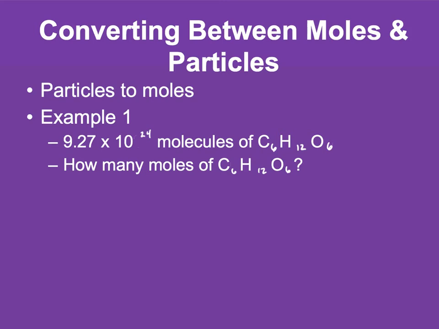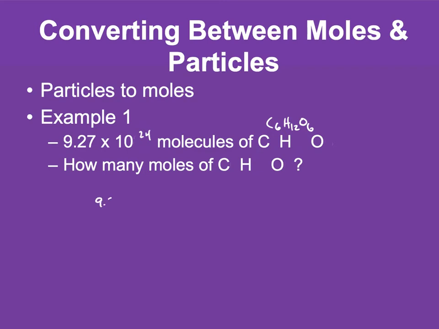If we're going in reverse here, 9.27 times 10 to the 24th molecules of, and I'll rewrite these so you can see them a little bit clearer, this is C6H12O6, glucose. So how many moles of glucose do we have?